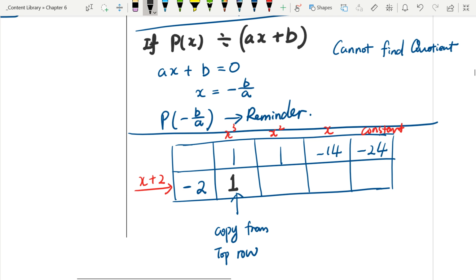Okay, second one. After you write down this one, the next one will go through calculation. As soon as you write a new number into this box, you multiply it by the front number and add the next column.